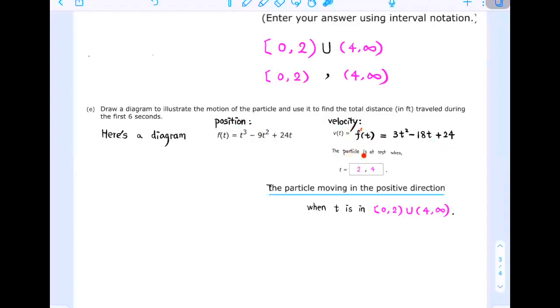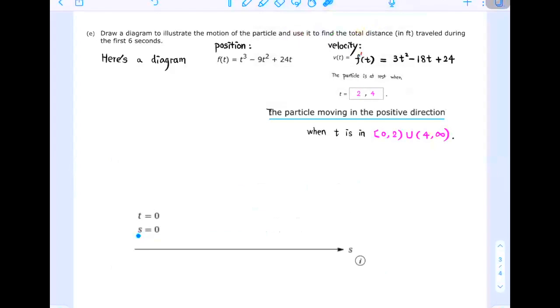The particle is at rest when t equals 2 or 4, and the particle is moving in the positive direction on these two intervals over here. And here we draw a straight line, and this particle is moving along this straight line.